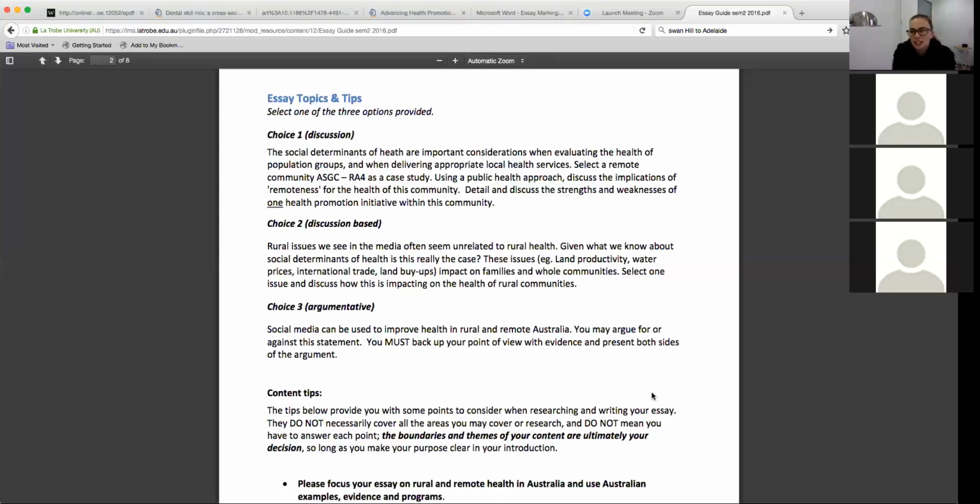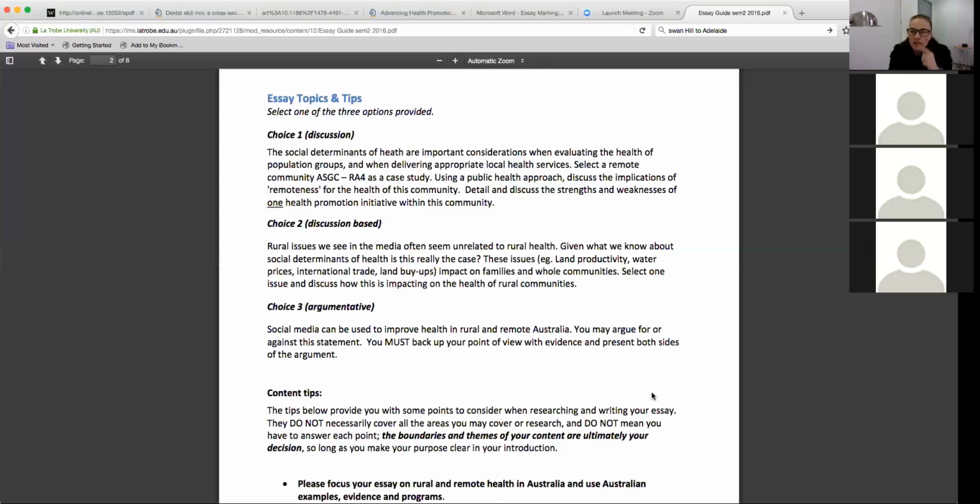There's no point in this essay, and I've seen it happen and students don't do so well if they do this, talking all about cardiovascular disease, and then the health promotion initiative they're talking about is falls prevention in elderly. It needs to flow and marry up. So make sure the health promotion initiative you're discussing links to what you've discussed previously in the essay. That's the biggest thing.